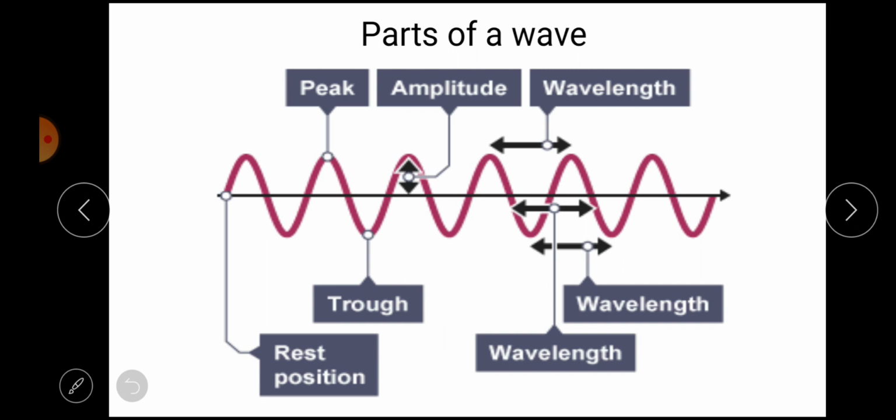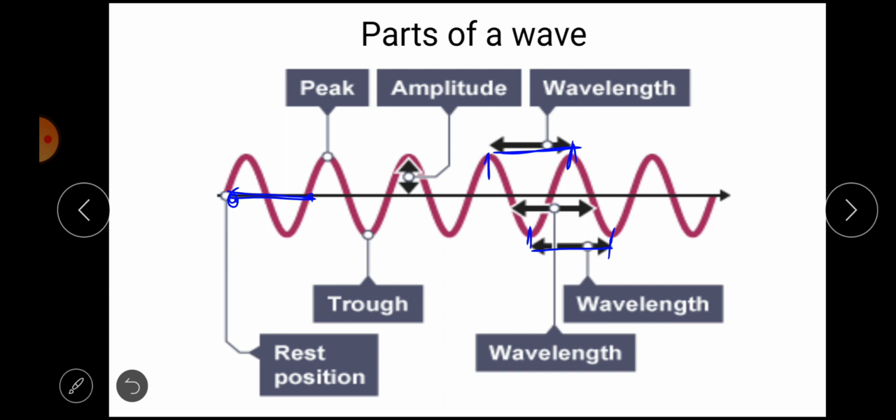If we take a crest, we take another crest here, and this is the wavelength. If we take this trough and this trough, the upper part is the peak. We can also draw the wavelength from where the wave starts to where it ends. So this is one wave, one wavelength.